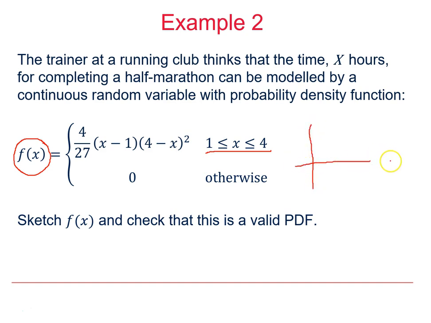If we look at the whole function, just remember the general shape of a cubic function. If we look at the value of f of x when x is 0, it's going to be -2 and a bit. If we look at where we cross the x-axis, clearly we're going to cross where x is 1 and x is 4.